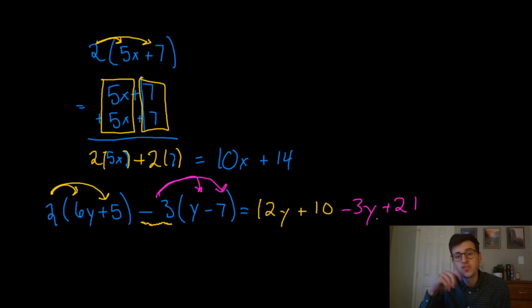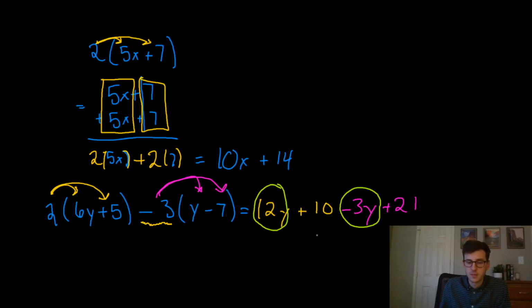And then this is just like our problem above with the sunnies, right? I have 12y and negative 3y, so I need to combine those into 9y. And then I have plus 10 plus 21, so I combine those into plus 31.